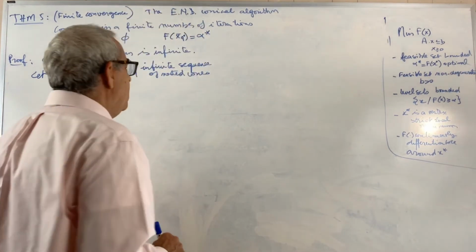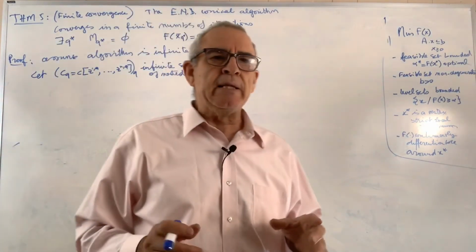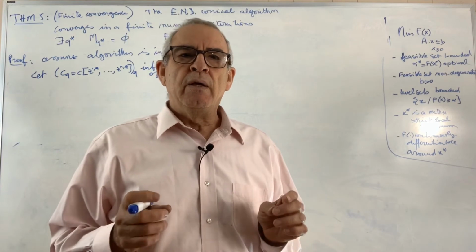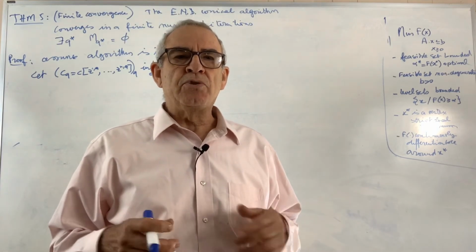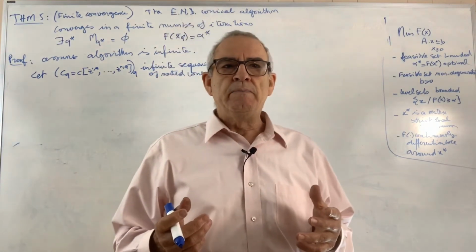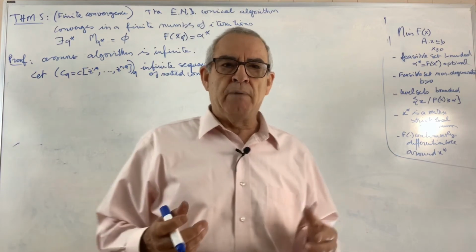And especially the last one, which is for infinitely many Qs, delta Z star is the unique optimizer of the LP.